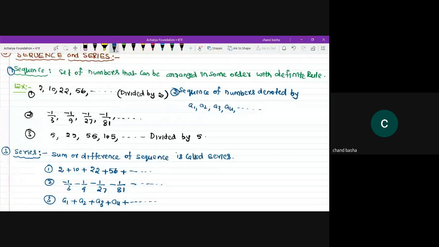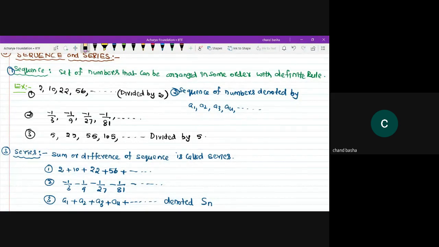And the series is denoted by SN, or sometimes AN also, but I'll fix with SN. This is the representation I'm using for denoting the series.